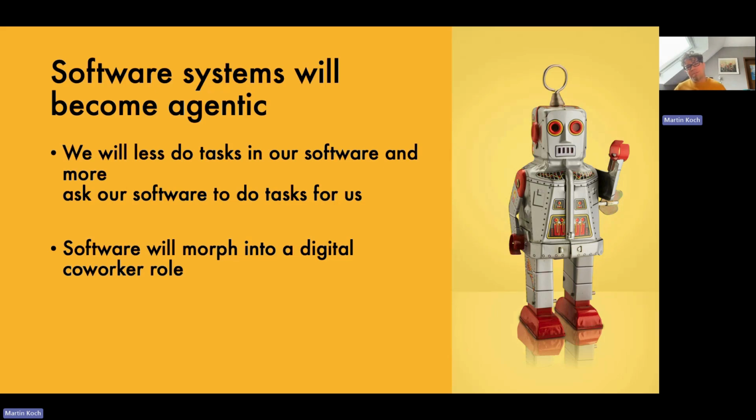So I think software solutions will morph into a kind of digital coworker role, and allow us to monitor something like a team of personal assistants doing certain things for us, instead of me clicking through Excel, entering all the data and writing all the formulas I wanted to use. Instead of me using the software, something else will get me the result that I want from these AI solutions.